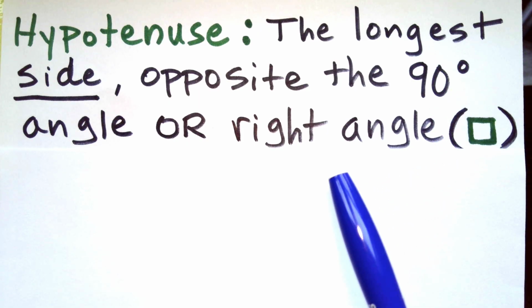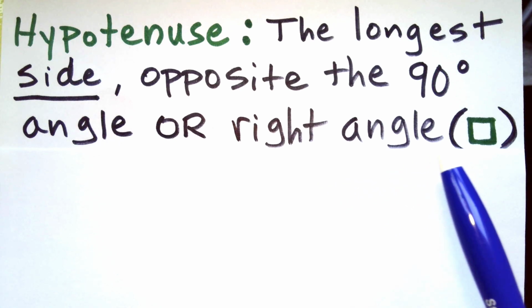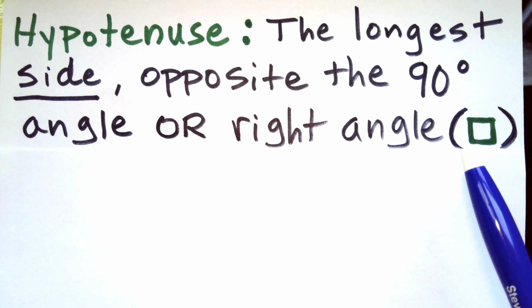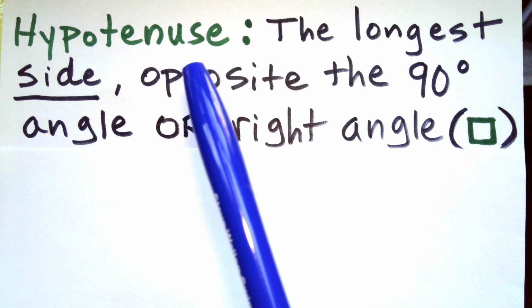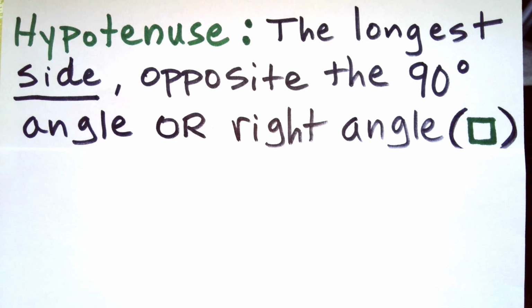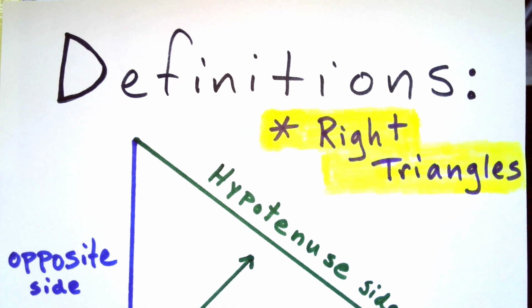So the longest side of any right triangle, or triangle that has a 90-degree angle, opposite of that angle is the hypotenuse. By the way, that's the first leg you should try to find when you're looking for hypotenuse. All right, let's take a look at a couple of visuals going over some of these definitions.